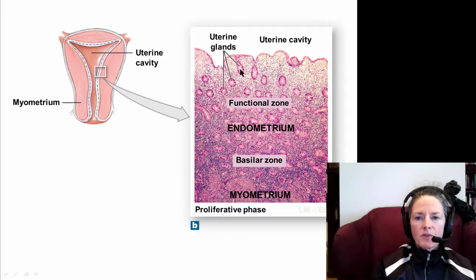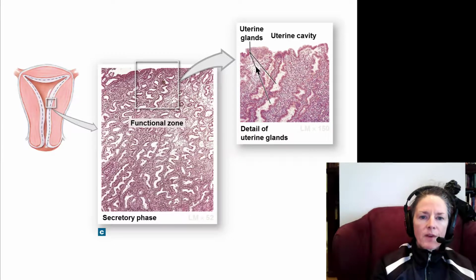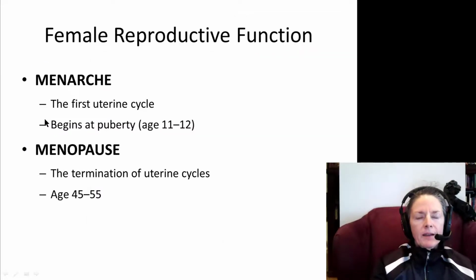You start to get some of these uterine glands that are starting to be formed here. But right now, we're just concerned with repopulating the functional zone of the endometrium. And then during the secretory phase, that's when all these glands will mature. We'll see large amounts of glands and thickening of the endometrium. And then this will continue throughout someone's life.